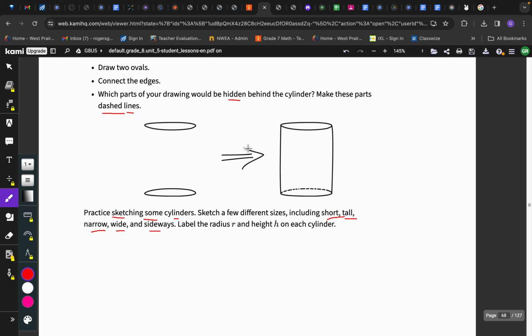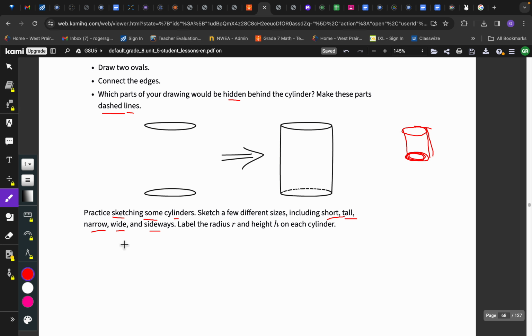practice drawing a bunch. Draw an oval. Draw another identical oval. That's nowhere near close to identical. Keep going. Attach them. Holy cow, it's hard to draw with the mouse. And you have that.